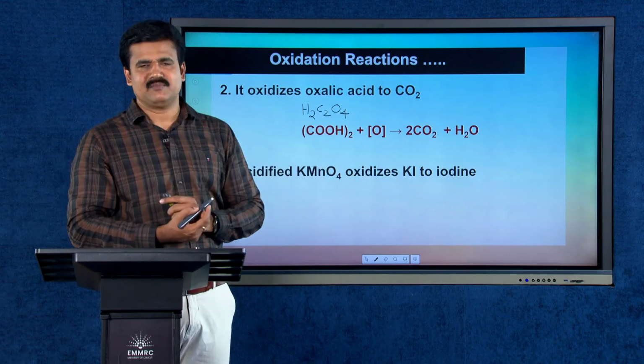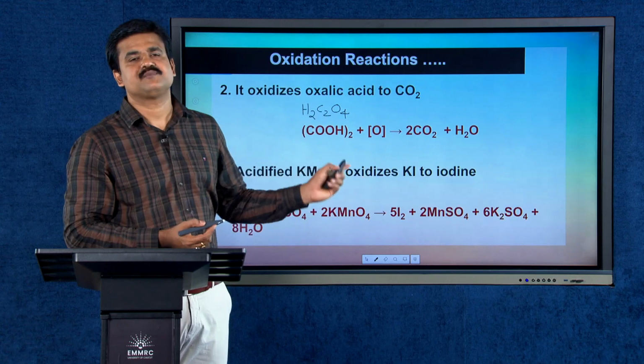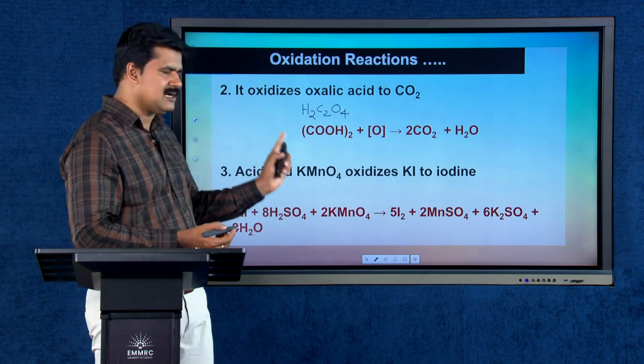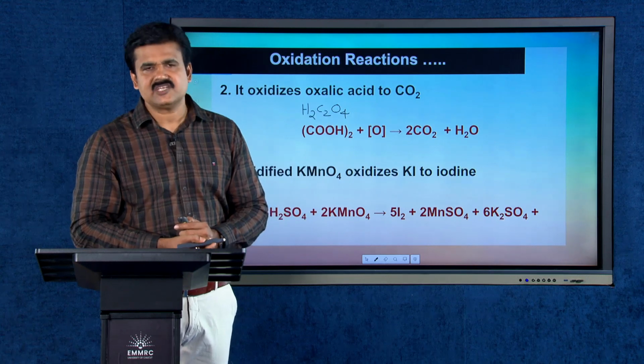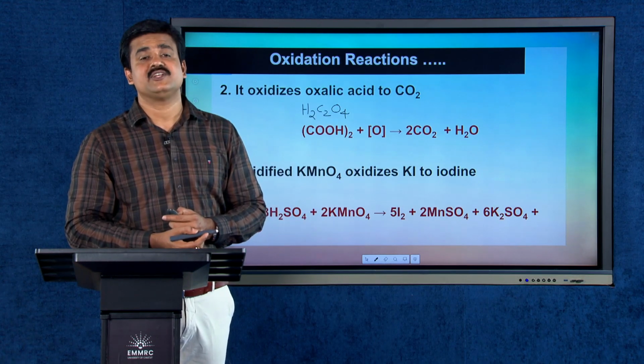Now, this is the third reaction. Acidified KMnO4 oxidizes potassium iodide to iodine as per this equation. This is the completely balanced equation which is responsible for the transformation of potassium iodide to iodine.